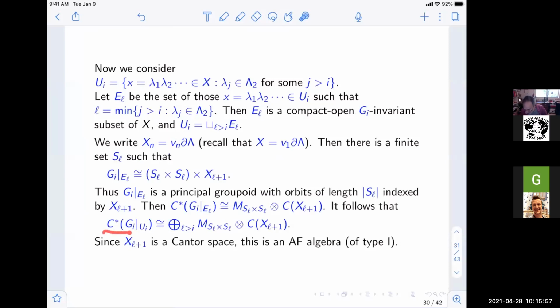And maybe the takeaway in this slide is this formula for the C-star algebra of the restriction to U sub I. It's a direct sum of matrix algebras over continuous functions on a Cantor space, which is just the portion of our space X starting at a particular vertex V sub L plus 1. So this is actually a type 1 AF algebra.